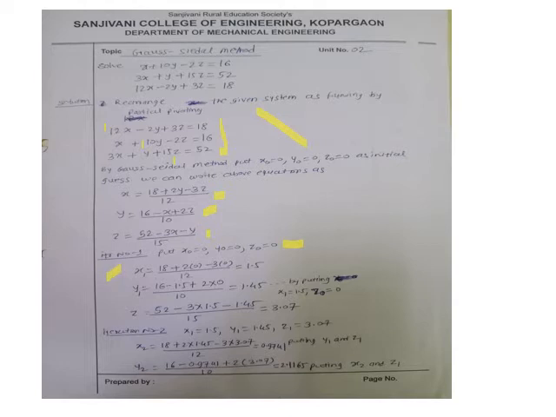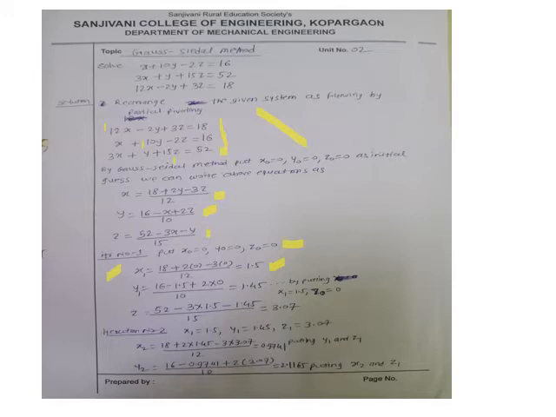So x1 will be 18 plus 2 into 0 minus 3 into 0 divided by 12, that gives x1 as 1.5. Similarly, while calculating y1, you use the same value of x1 which you just calculated. So it will be 16 minus 1.5 plus 2 into 0 divided by 10. This will give 1.45 as y1.